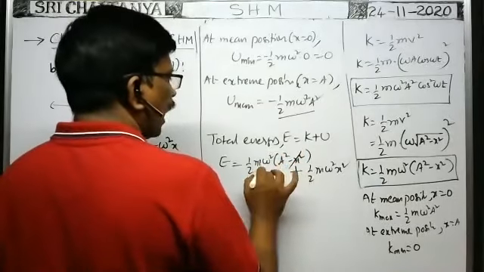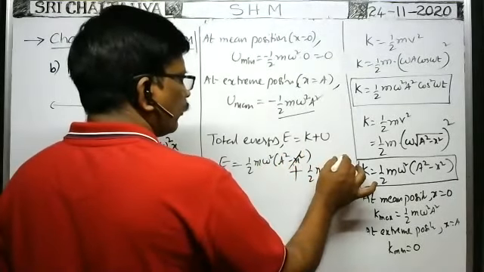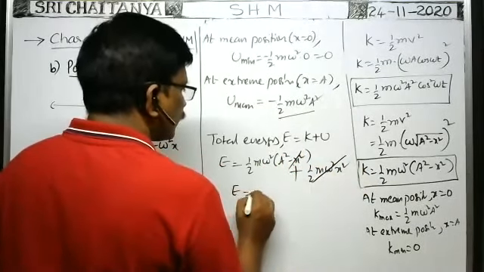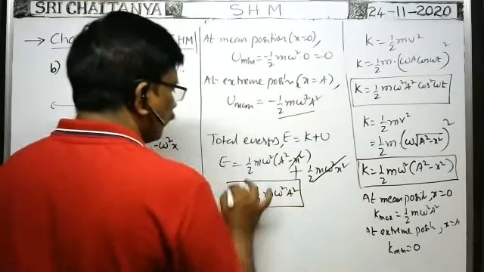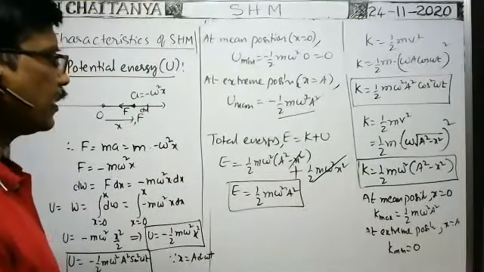Here half m omega square x square and minus half m omega square x square cancel. So total energy is equal to half m omega square into A square. This is the formula for total energy of the particle in SHM.